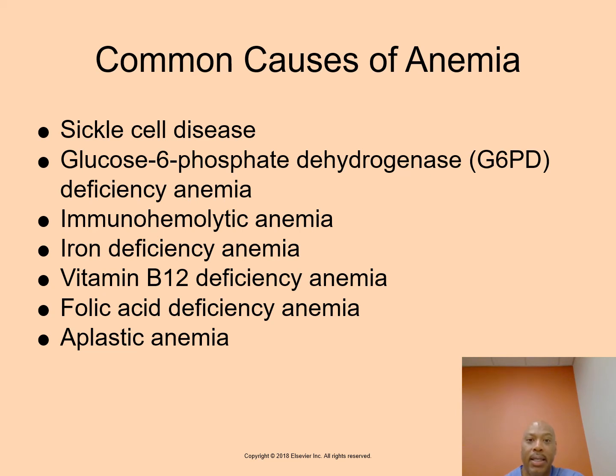Folic acid deficiency anemia is another type of anemia. This is also a diet deficiency. Malabsorption syndrome and drugs such as birth control pills and anticonvulsants can also cause this condition.